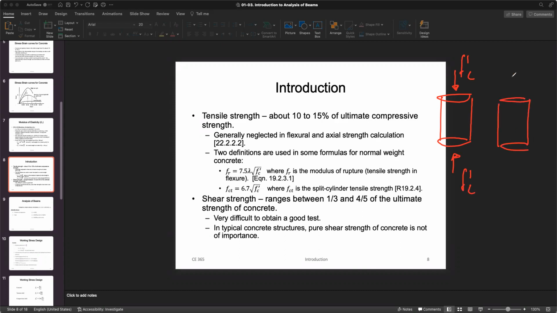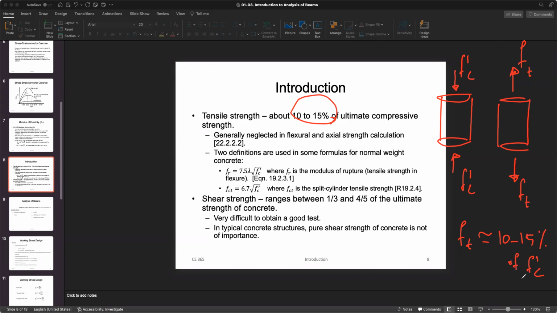If you have the same cylinder, if we pull it and break it, let's say you're going to break it with something called FT, tensile strength. Here we are saying that your FT is almost 10 to 15% of f'c.